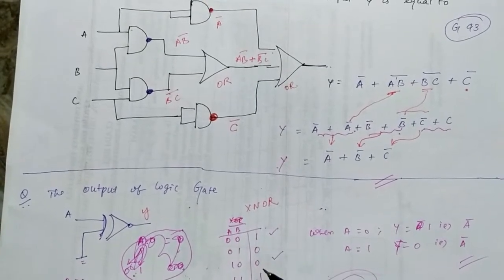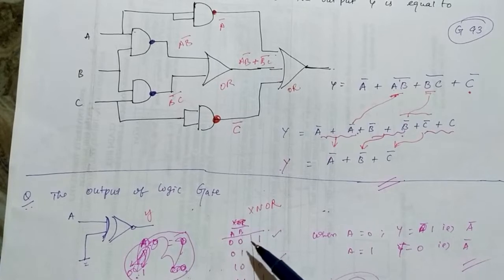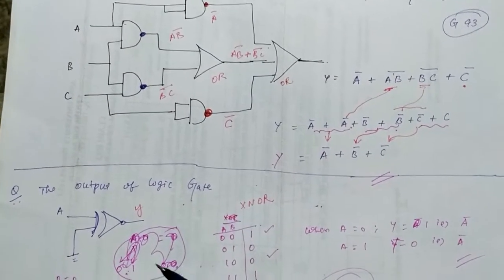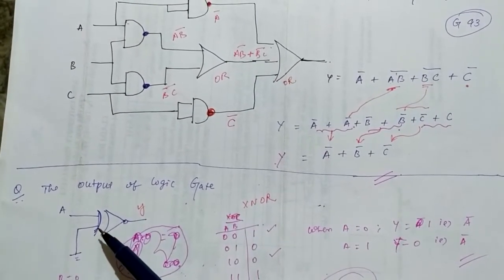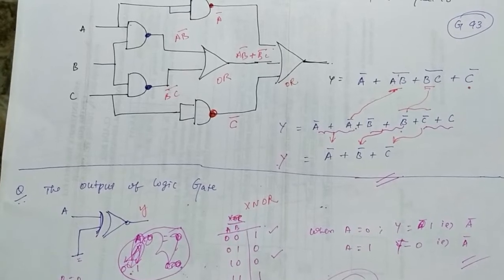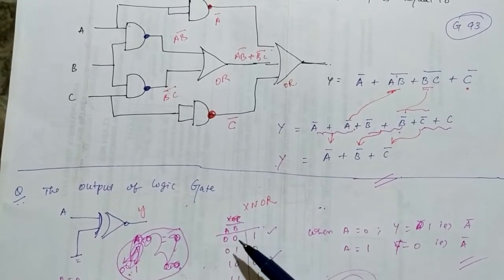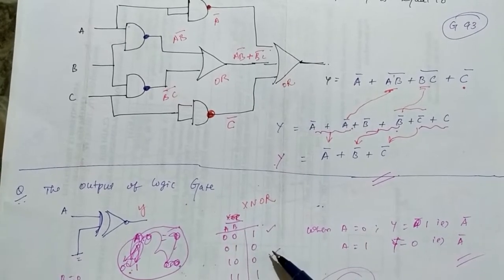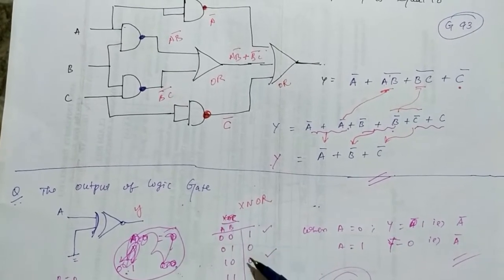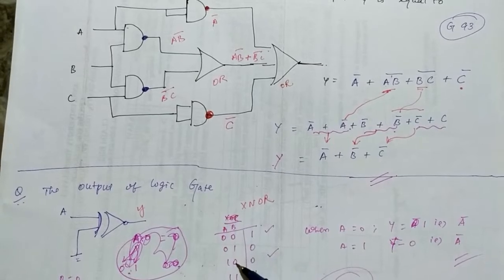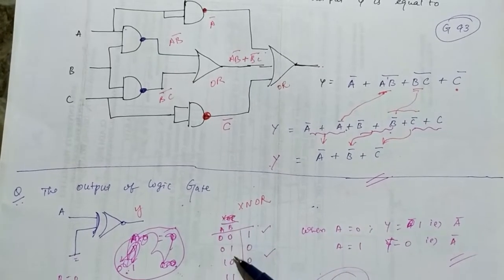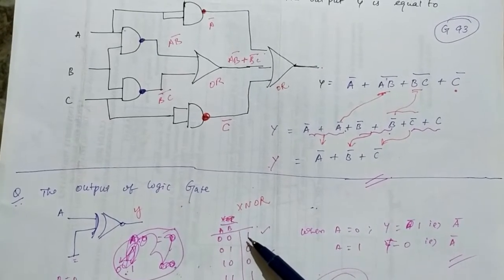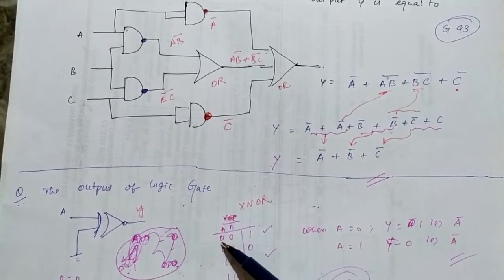The output is 1 when the two inputs are equal. Now in the given diagram, one input is grounded, that is, one input value is 0. There are two cases where one input is 0. When one input is 0, what will be the output? Output is the complement of the other input.